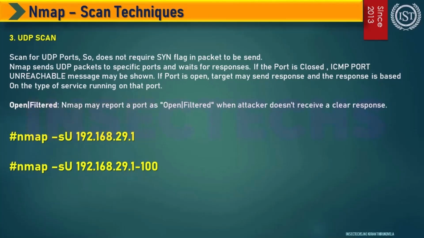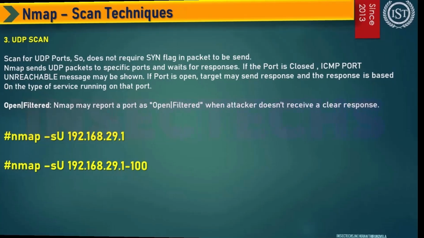If the port is closed, it will send an ICMP unreachable error, so that this scan technique will decide that the port is closed. And if it is not getting any error, if it is getting a positive response, then it will decide that the port is open.